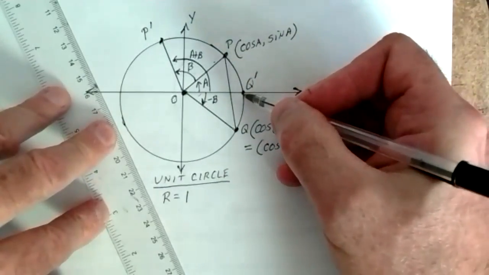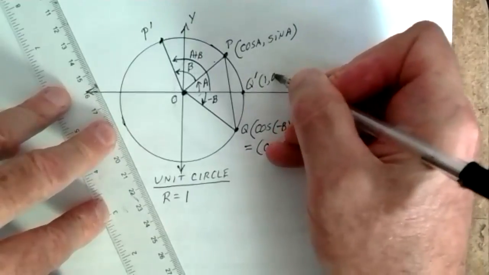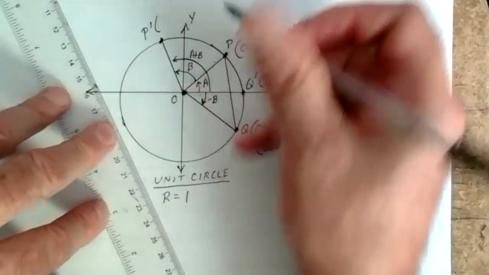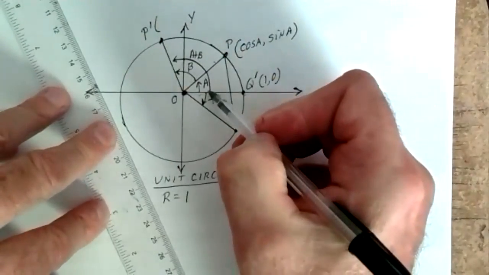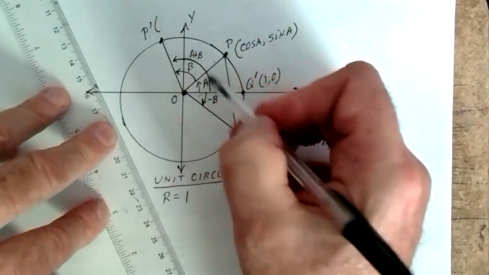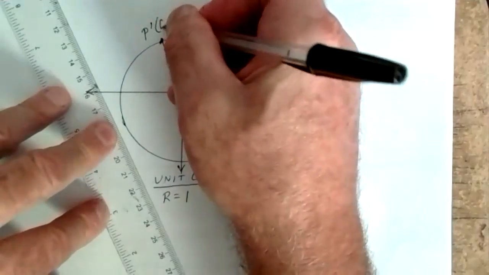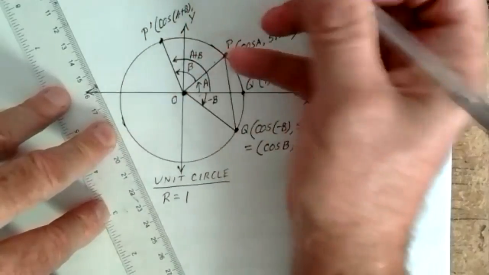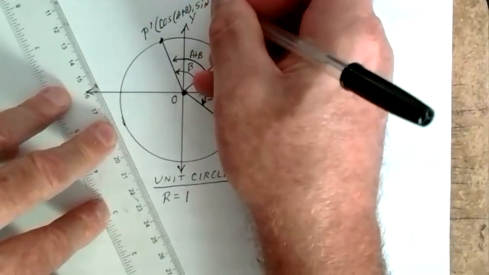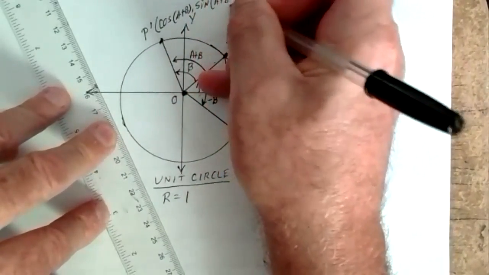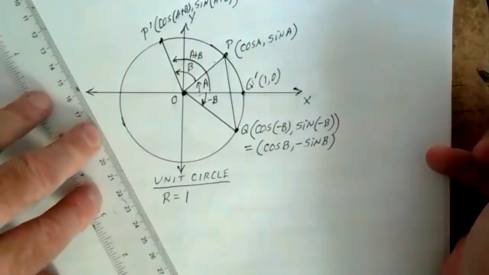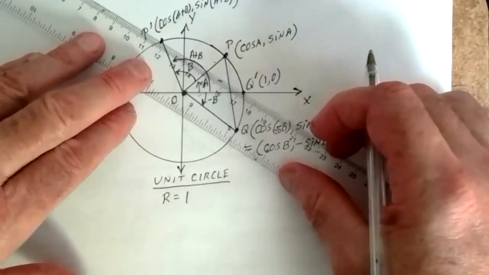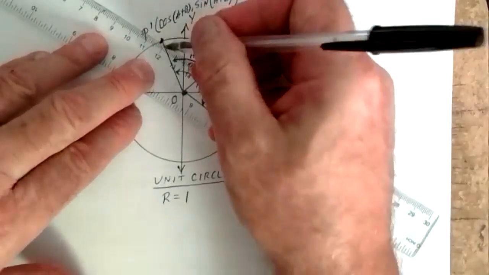Now, the ordered pair address of Q prime is going to be the ordered pair (1, 0). And the ordered pair address of P prime here, since this is angle A plus B, is going to be the cosine of A plus B, and then the y coordinate will be the sine of A plus B. And I'm going to connect points P prime and Q prime with a line segment.